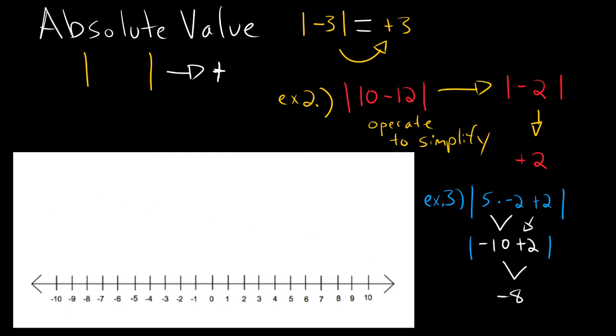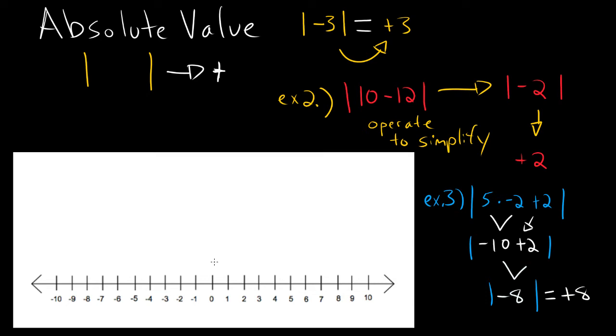Now you'll probably start to see that we're at the final stage. Now we have the absolute value of -8, and there's only one thing that is left to do. Now that we have just our -8 inside, we can take that and turn it positive, and it will become +8. And what that's really telling us is how far something is from 0 on the number line.